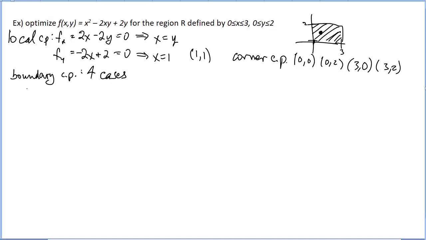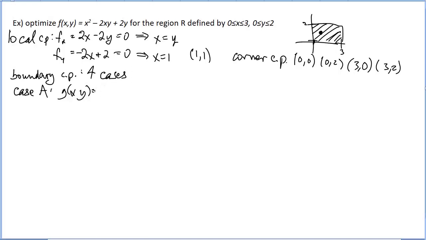The first case, let's use the boundary on the left side. On the left side, we have x equals 0. So that means that our function g(x, y) is just x, and that equals 0. So let's work through it. I'm going to need more room.